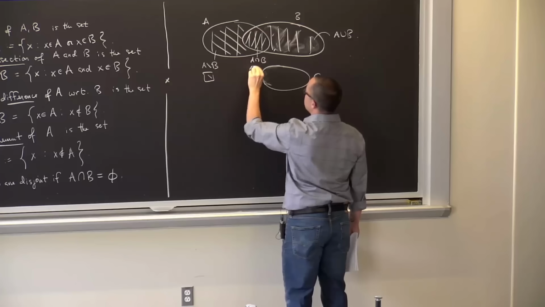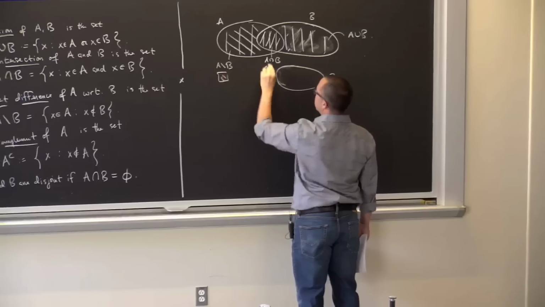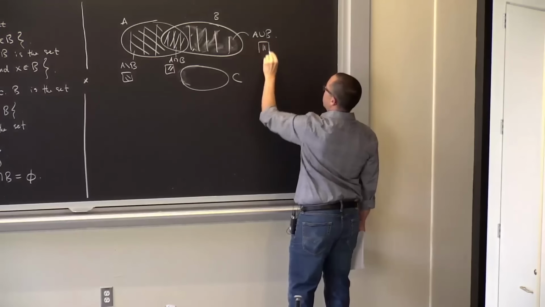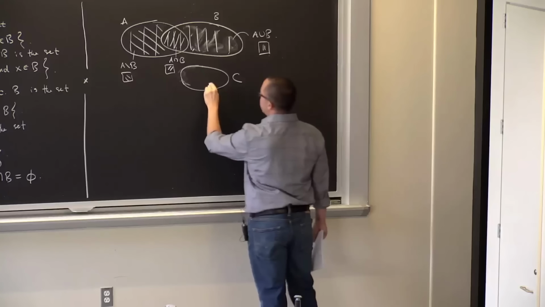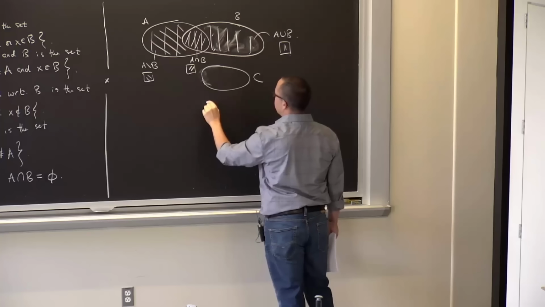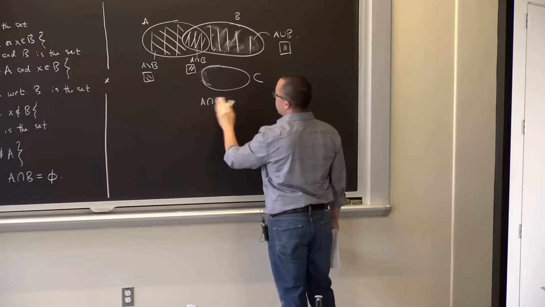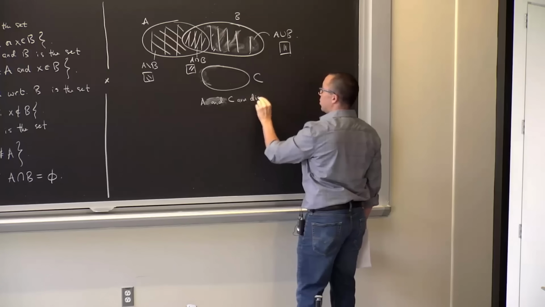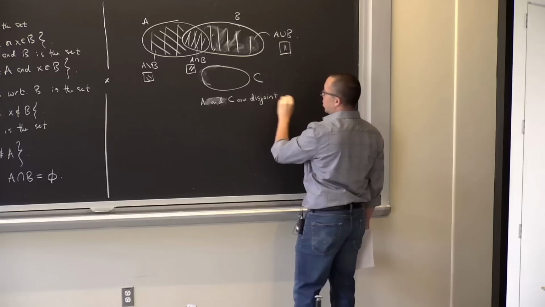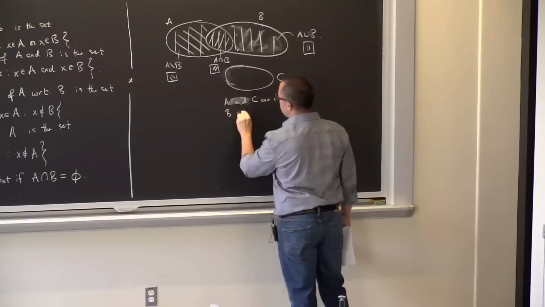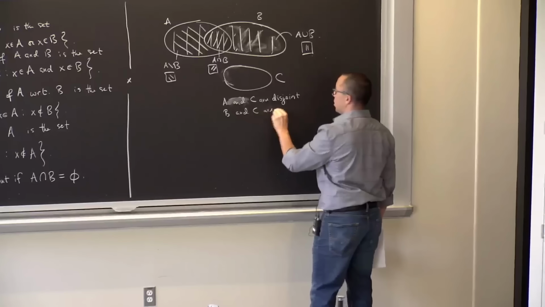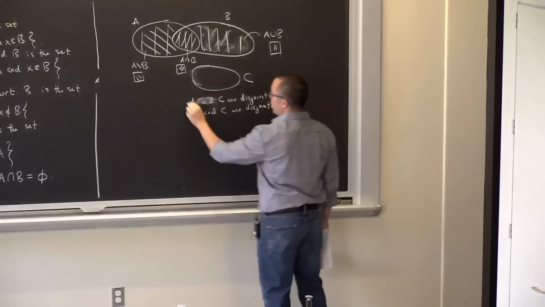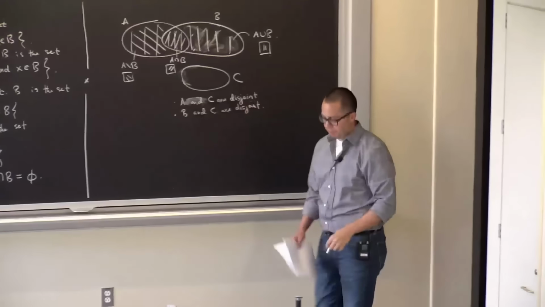A intersect B has the lines going this direction. A union B has the lines going vertical. And C is way over here, not touching any of A and B, so A and C are disjoint, and B and C are disjoint. Okay, they have nothing in common.